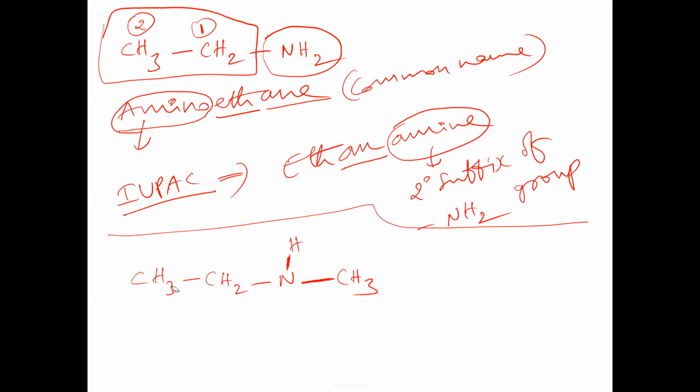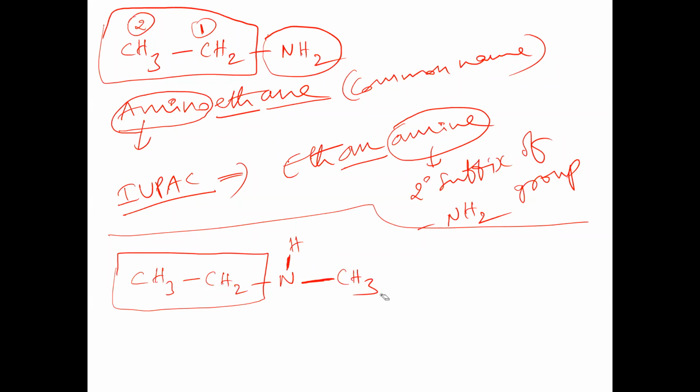Nitrogen, remember. The 3 carbons are not in direct linkage here, so only 2 carbons in the parent chain should be taken. This carbon is not in the parent chain, remember. Now it will be a substituent.